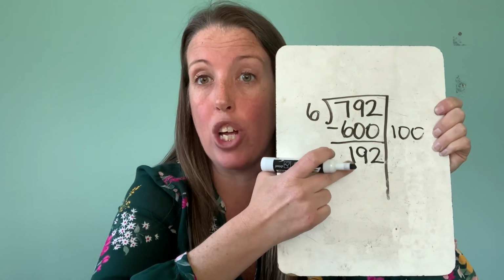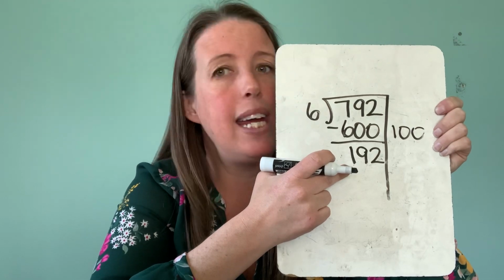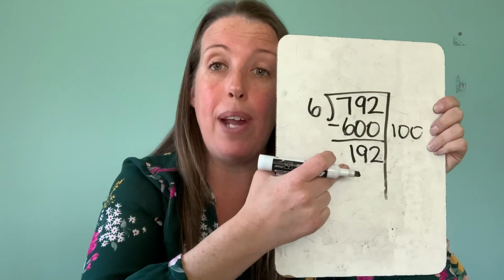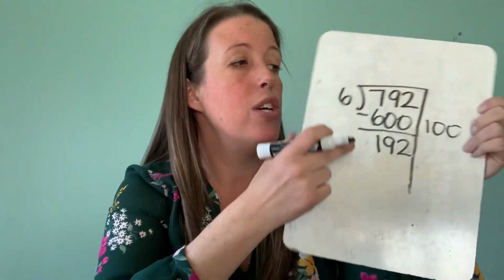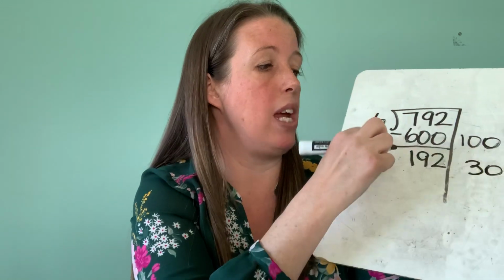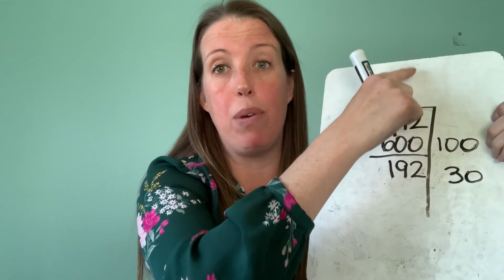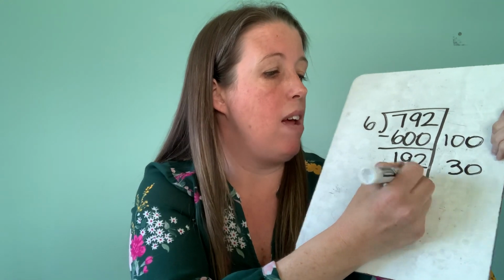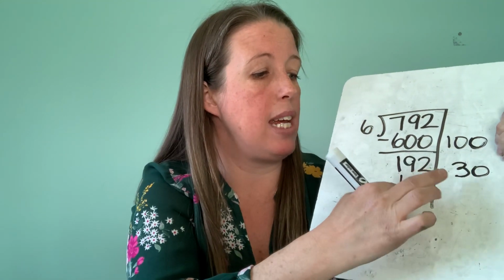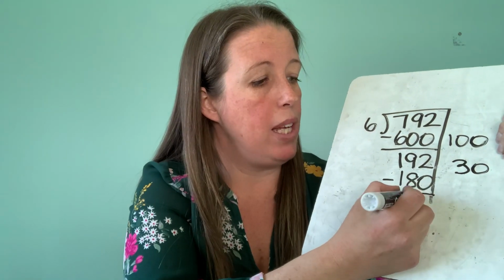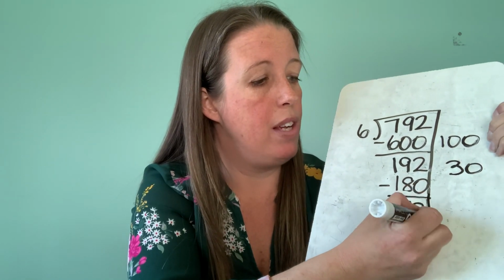That's even more of a chunk I could take. I can't do 6 times 40 because that would be 240, and I don't have 240 left. So I'm going to use that 30 part. 6 times 30, some of you might be stacking it up here, which is fine, is going to give me 180 because 6 times 3 is 18 times the 10. And now I'm going to be left with 12.